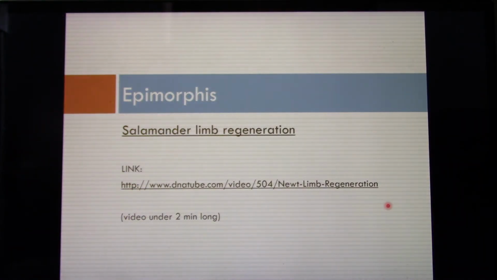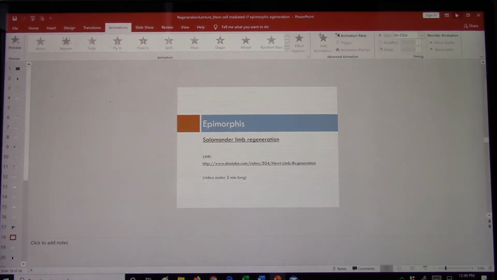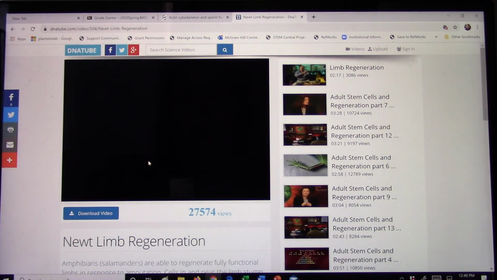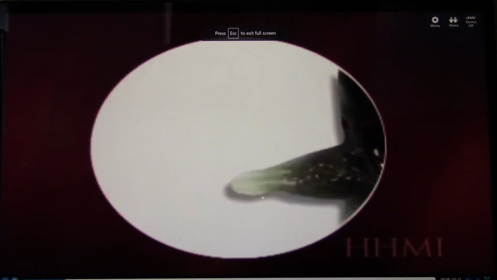So the next type of regeneration is called epimorphic. And I'll play this animation, if I can get to it, because it's real short. Now, we're going to have a look at the way in which an amputated limb grows over the course of about 90 days in a salamander.